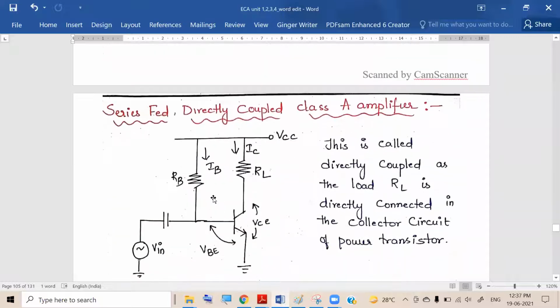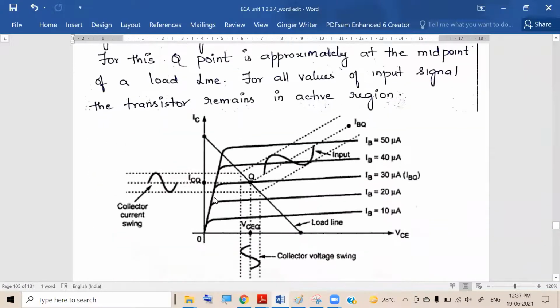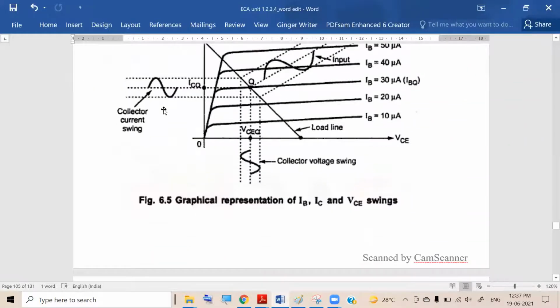And when that base current changes, following a sinusoidal shape, the corresponding IC changes following a sinusoidal shape. That is due to the beta multiplication factor. Multiply the IB with beta, you get IC.